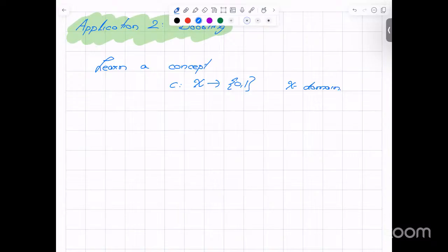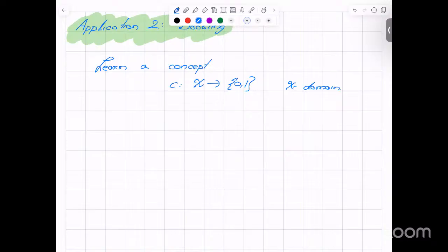The standard example in machine learning: chi is the set of various pictures, and the concept tells you whether it's a cat picture or not a cat picture.